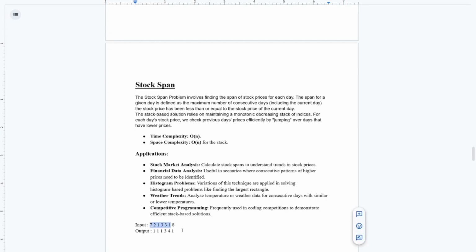Okay. 7 also. So how many elements are there? 1, 2, 3, 4, 5, 6 and he himself 7. So the output over here will be 7. So this is the output you have to say and we call it as the span array or array span. Okay. So you will have to do the input output in this format.